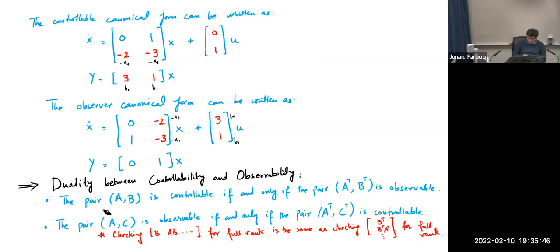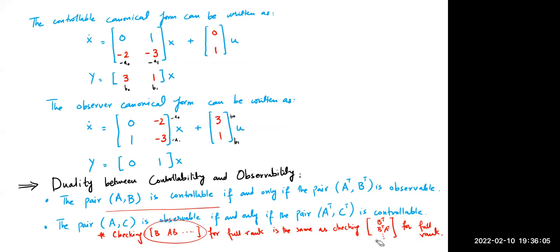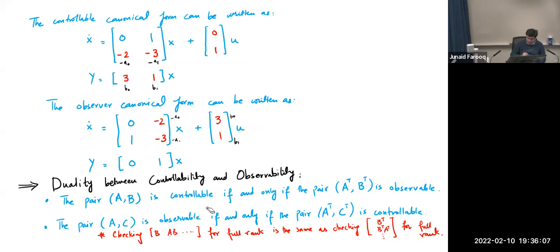No, so we said if A, B is controllable, that means you test this thing here. And A transpose, B transpose is observable, that means you test this. Okay, thank you. It's like a corresponding thing here.